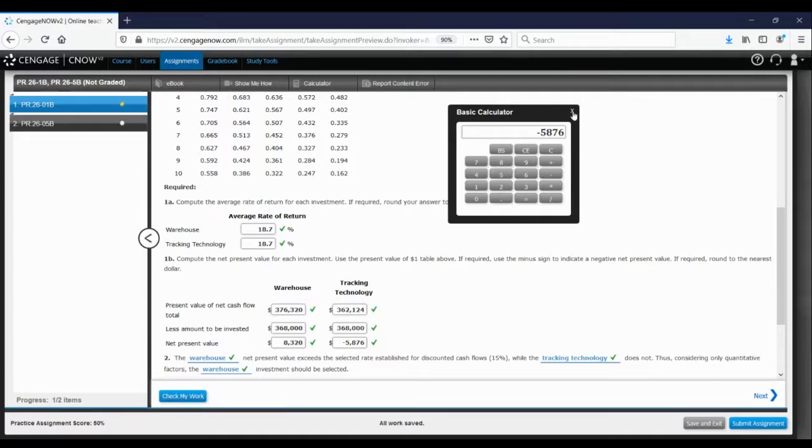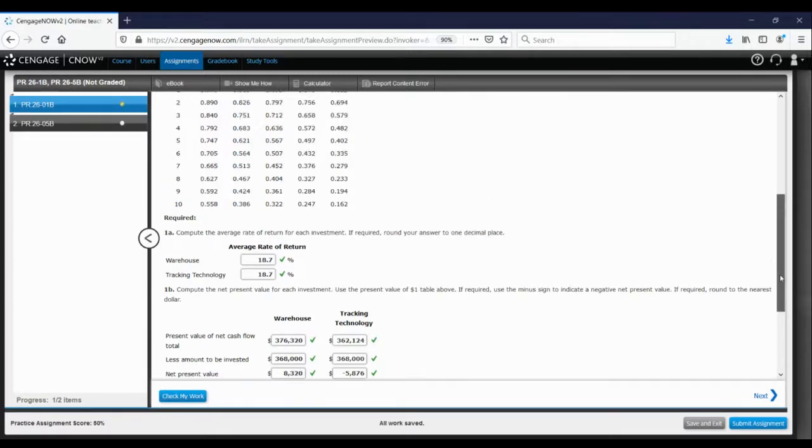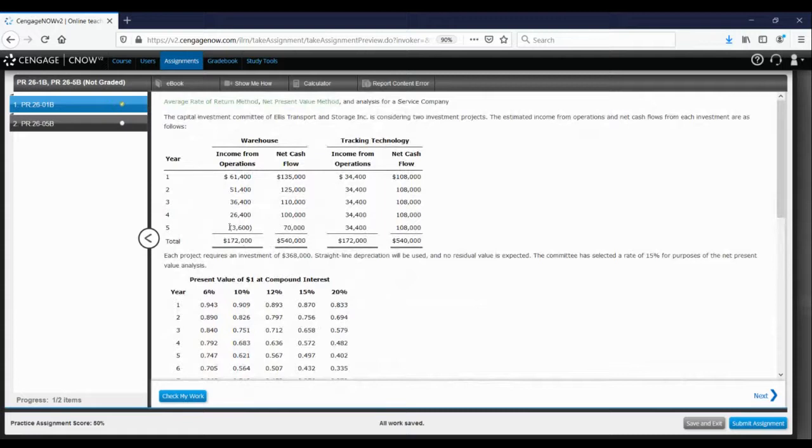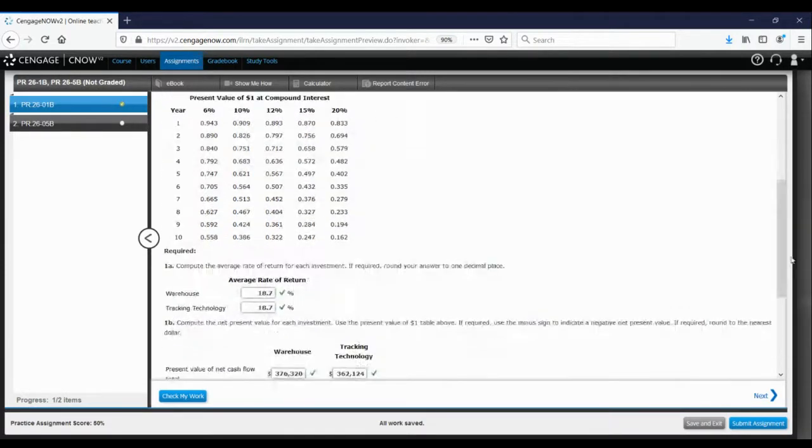And so what you're doing, class, you're just trying to evaluate between the two investments, which one would be the better investment. As you can see, with the average rate of return, they both were neck and neck on that part. So we would have to subject the investments to further analysis.